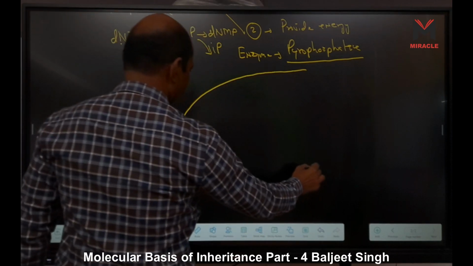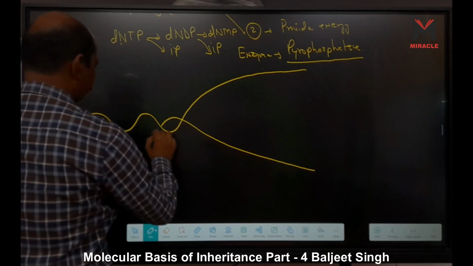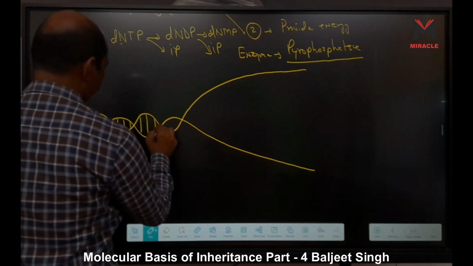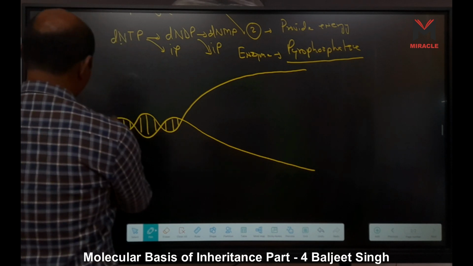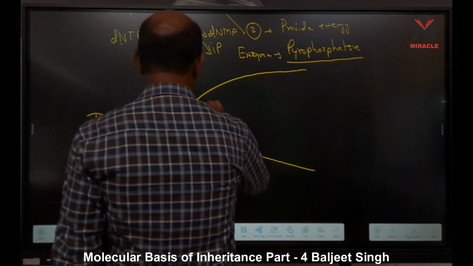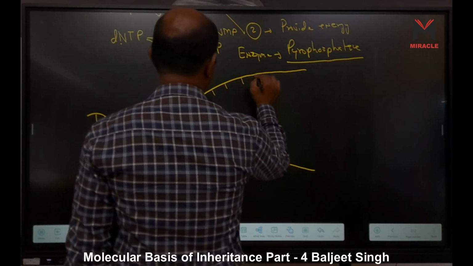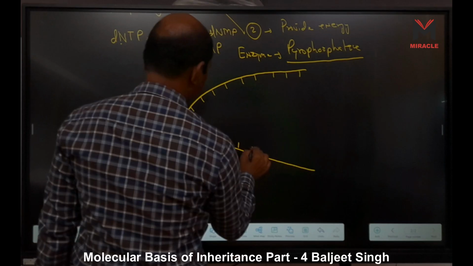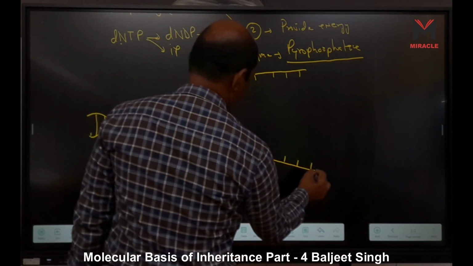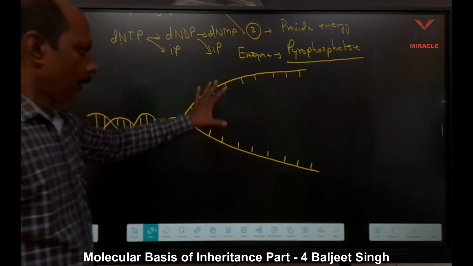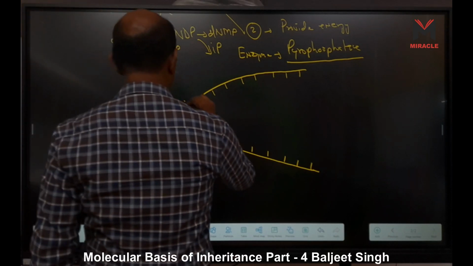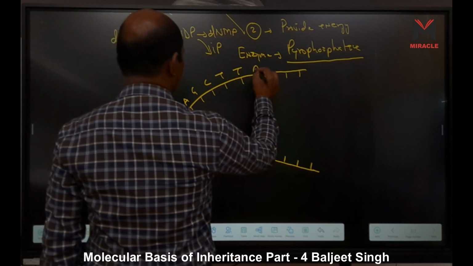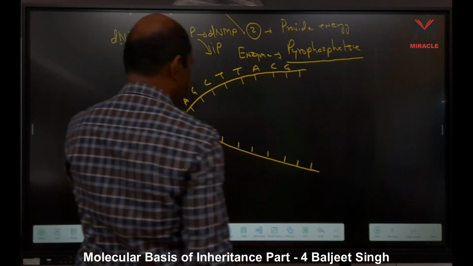These two strands get separated. This one is the mother DNA. Suppose that I write here adenine, guanine, cytosine, thymine, adenine, cytosine, guanine, and so on.